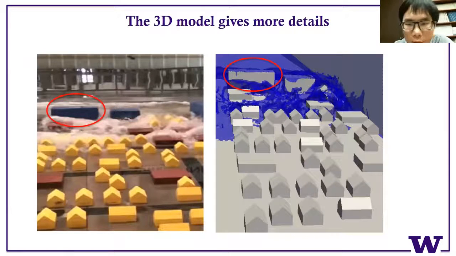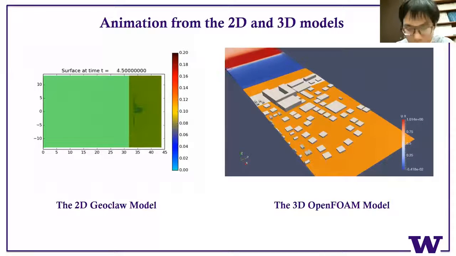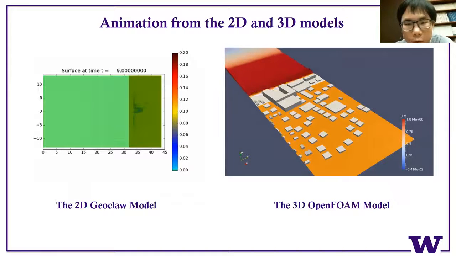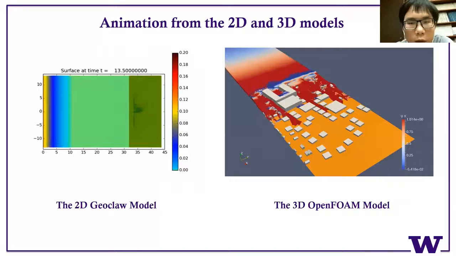And obviously the 3D model can give more details. So this is a comparison of a snapshot from the experiment and the 3D model. You can see they look pretty similar, and the 3D model actually gives you a lot of details. And here I'm showing the animation from both the 2D and 3D models.